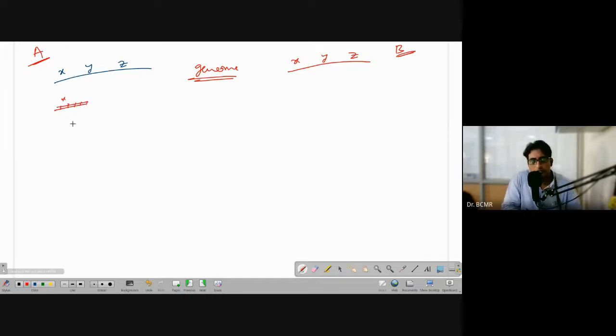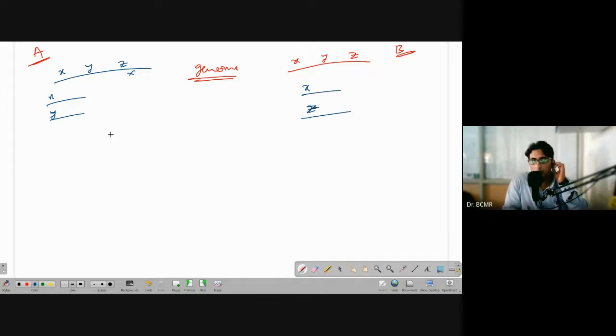I'll use blue. This is X, and this is X. It is an mRNA, right? X is expressed, Y is also expressed. Z is not expressed. In the case of B, X is expressed, Y is not expressed, and Z is expressed.